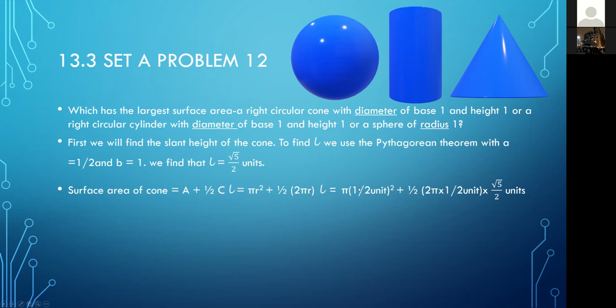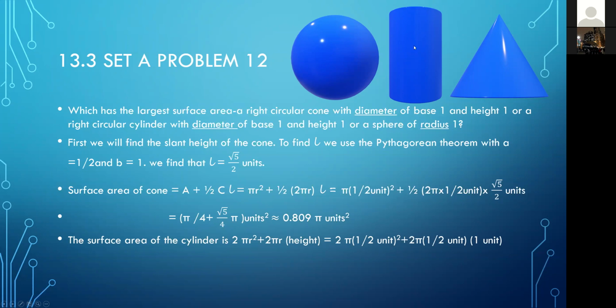R again is 1/2, so we have pi times 1/2 squared plus 1/2, and then we do 2 pi r, so we have 2 pi times 1/2 times L, which is the square root of 5/2. And so we get pi/4 plus the square root of 5/4 times pi, and that comes out to be about 0.809 times pi.